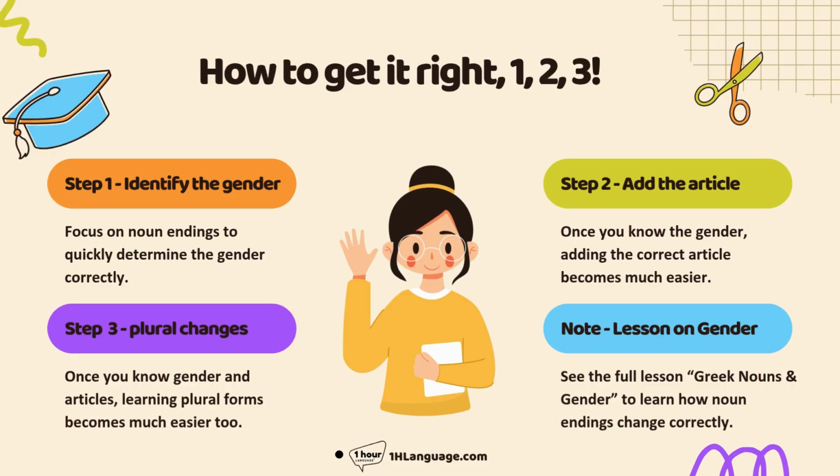Imagine being correct 99% of the time. This is a huge advantage to you. If you know the gender, you can use the correct article. After that, it's easier to learn how to make the word plural. This is just a short introduction to gender, singular, and plural in Greek. To learn more, watch the full video lesson on Greek nouns and gender.